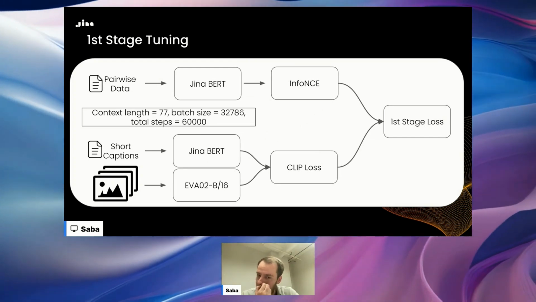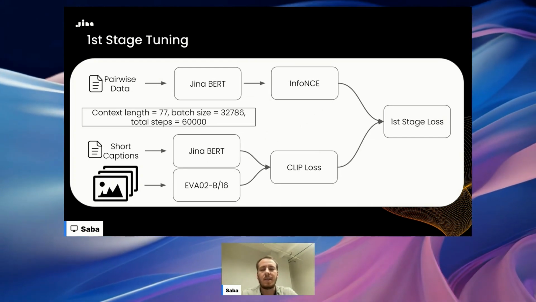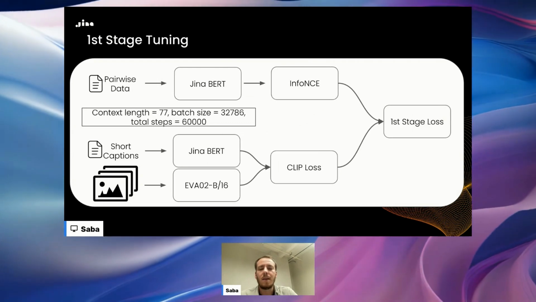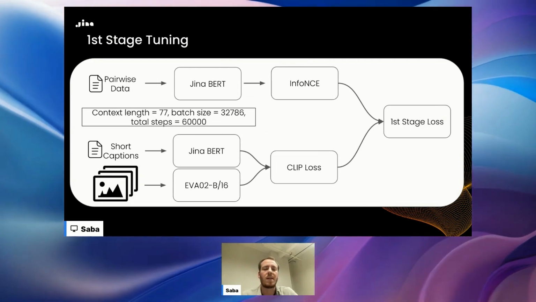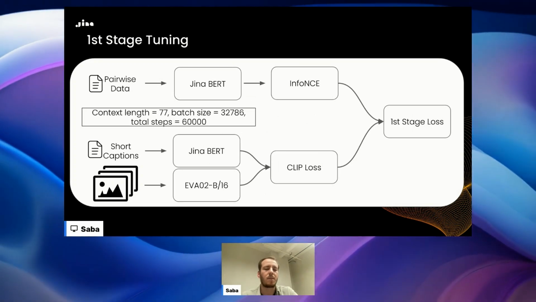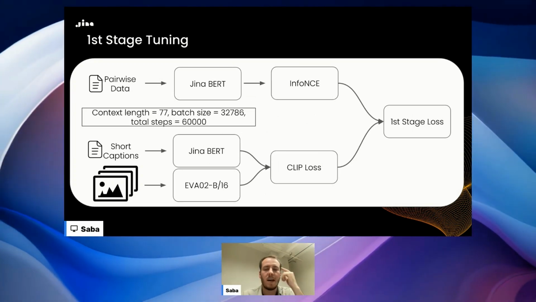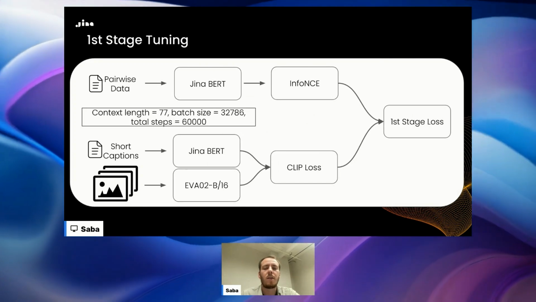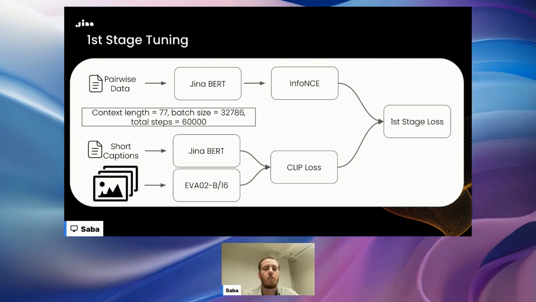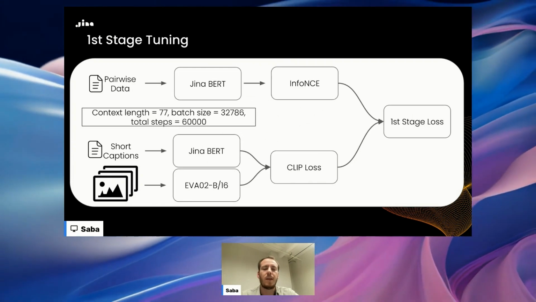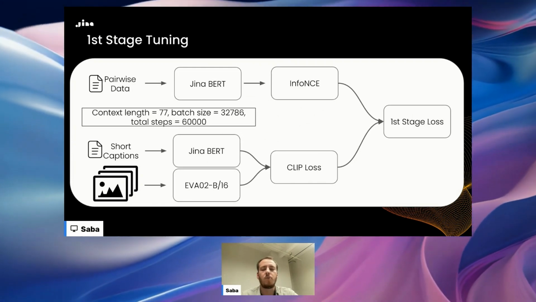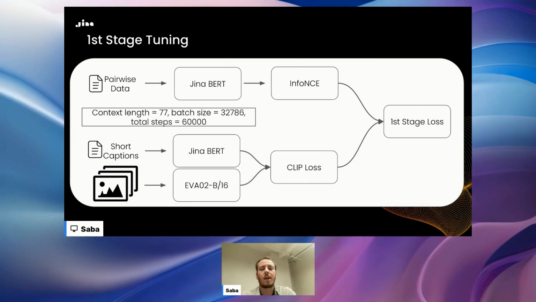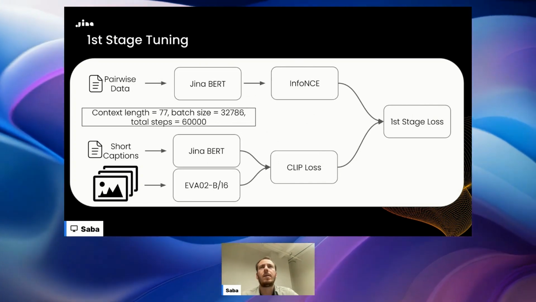The first stage of training is the biggest one, basically the main contrastive learning training, as is done on all CLIP models. We trained with a context length of 77 for computation costs, in order to fit a big batch size of 32K, for a total of 60K steps.